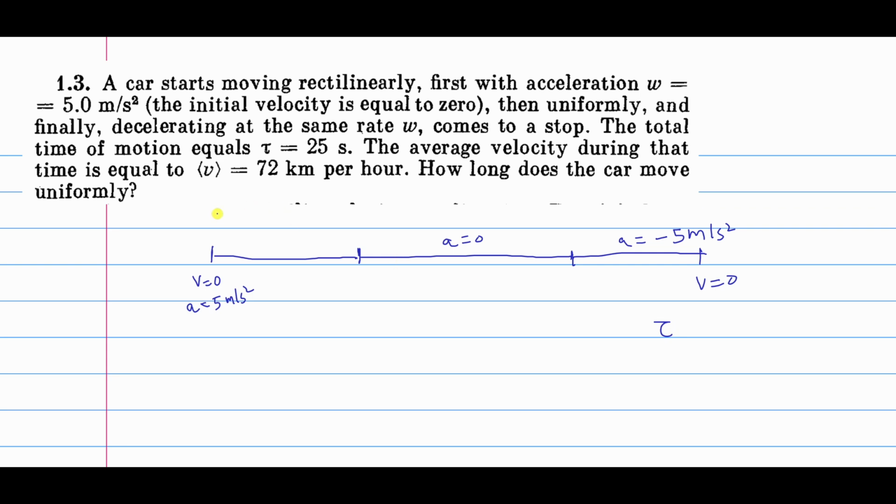So this is the situation. Total time taken, the whole time of this journey, is equal to 25 seconds, and average velocity is given as 72 kilometers per hour. We can convert this into meters per second, which is equal to 72 multiplied by 1000 meters divided by 3600 seconds.